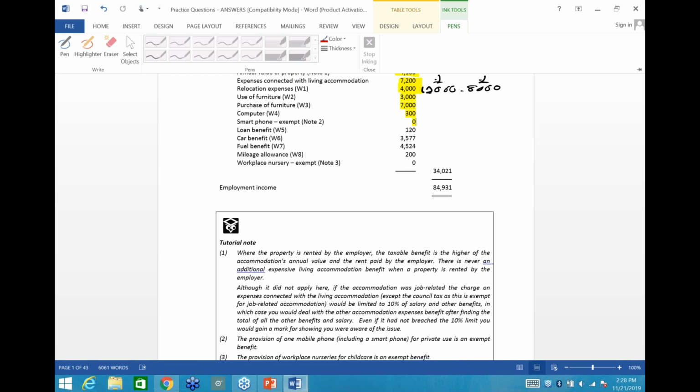Now this is what we call beneficial loan benefit. If an employer has given me a loan for my private use, if my employer has lent me money for my private use at a concessionary interest rate, that gives me a benefit.